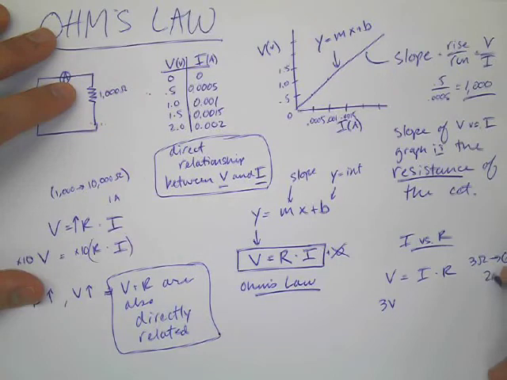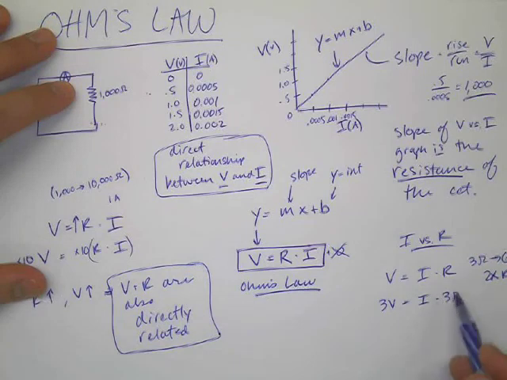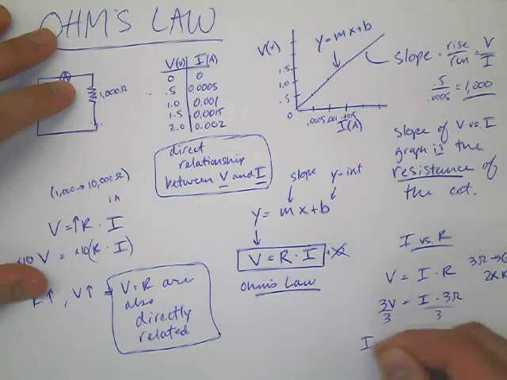So I double my resistance. What happens to my current? Well, in the first scenario, if I have a resistance of 3 and a voltage of 3, divide both sides by 3, I have a current of 1 amp.